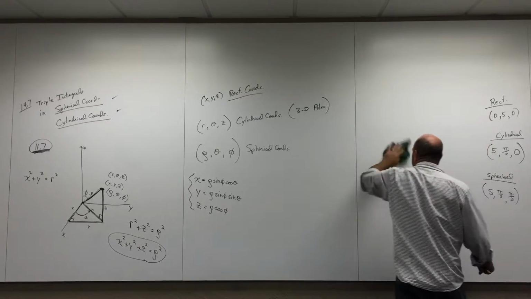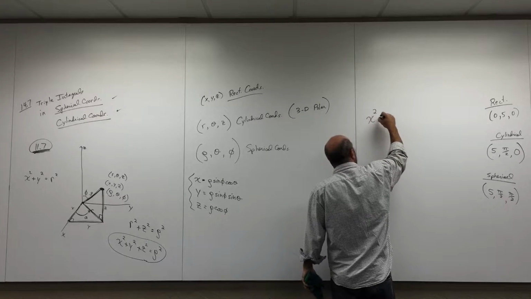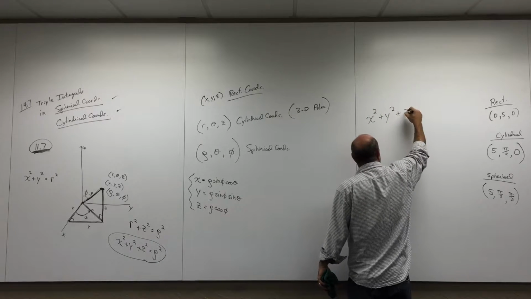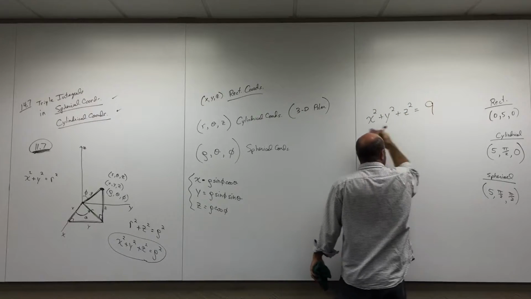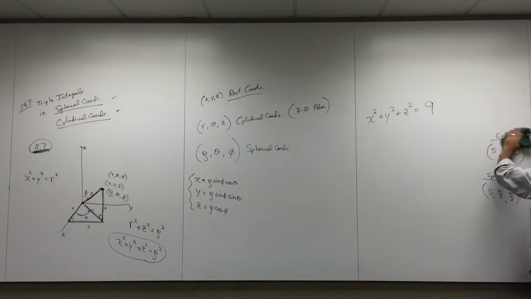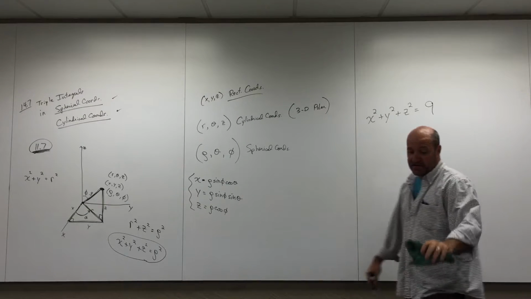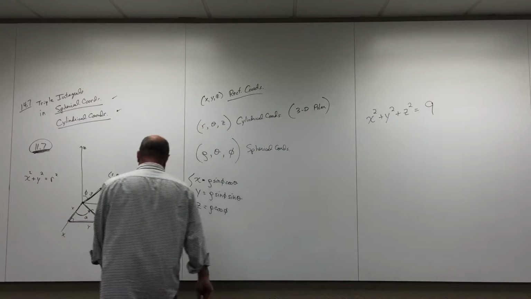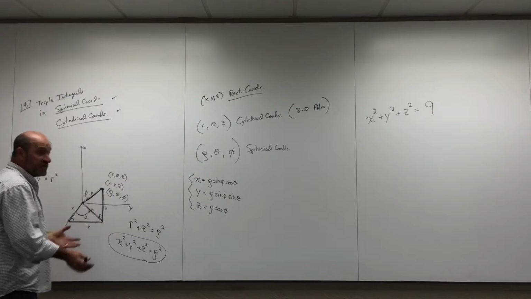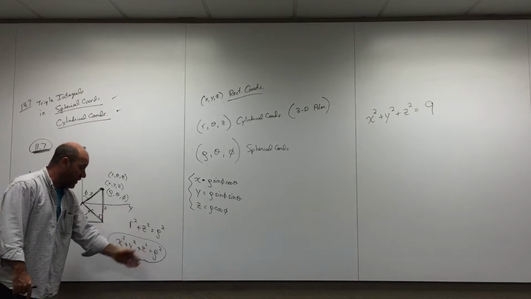These are called spherical coordinates. Check this out. What is this? It's a sphere, centered at the origin, radius 3. Now check this out. You just learned something here. If I'm converting into spherical coordinates, x squared plus y squared plus z squared is rho squared.